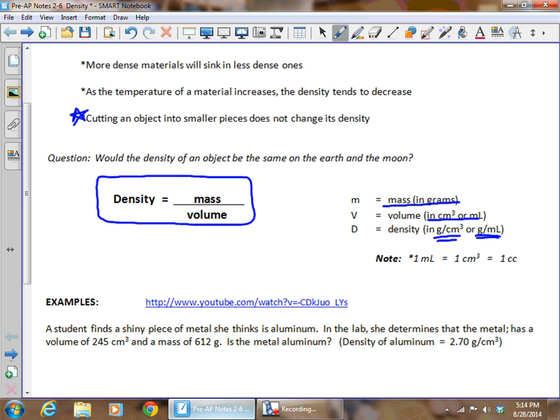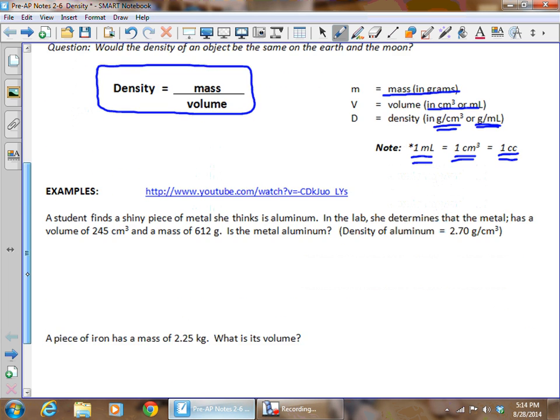Notice that 1 milliliter and 1 cubic centimeter and 1, as they say in the hospitals, cc, are all the same thing. A milliliter and a cubic centimeter are the same thing, and we're going to need to keep that in mind as we go through our discussion today.